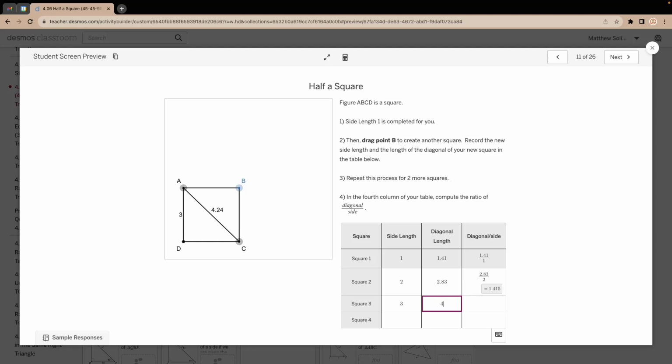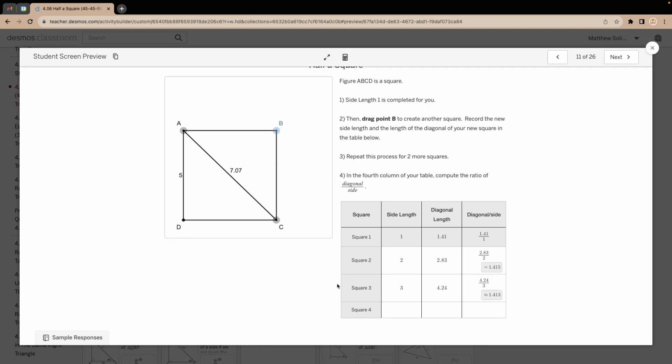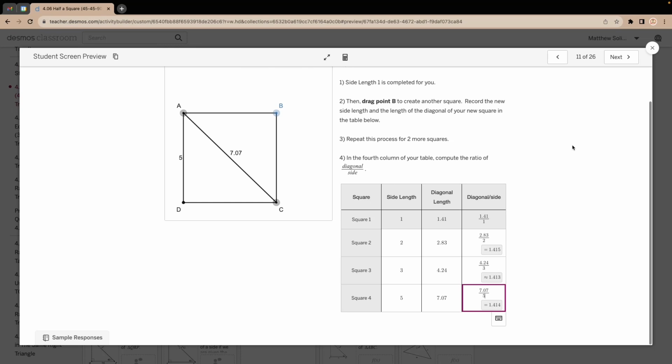The diagonal is now 4.24. Let's do 4.24 divided by 3, see what we notice. Oh, it's still 1.41. Let's mix it up. 5. 7.07. If I did 7.07 divided by 5, I get 1.41 again.